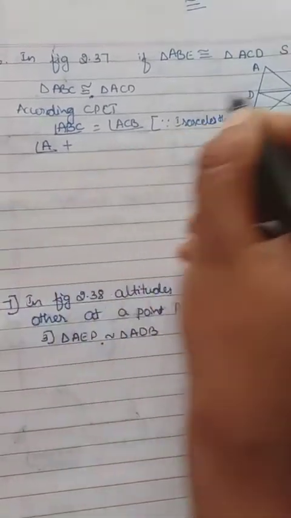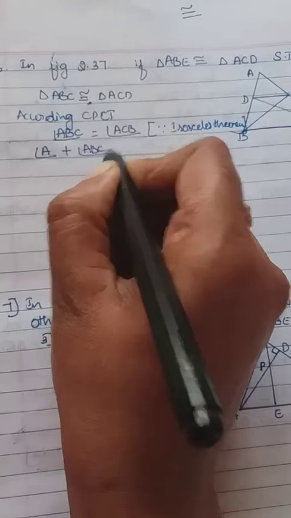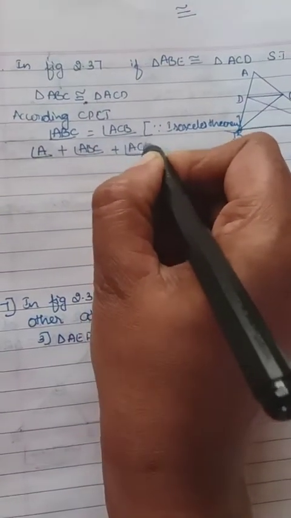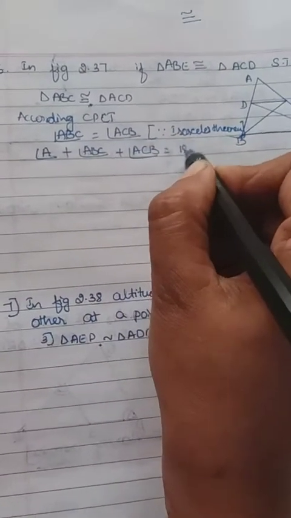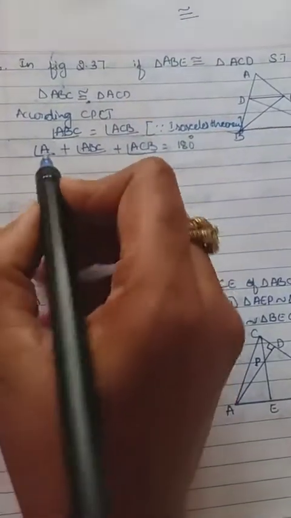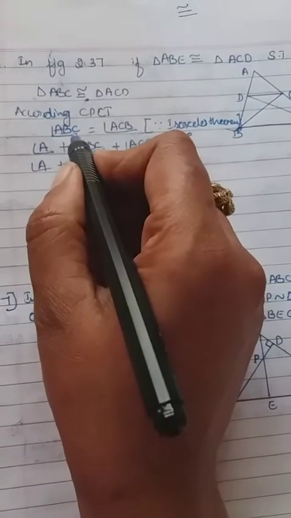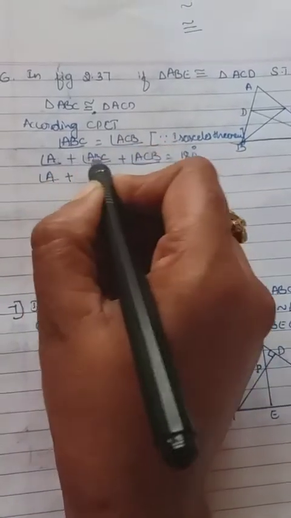So angle A plus angle ABC plus angle ACB equals 180 degrees. Instead of angle ACB, we can write angle ABC because both are equal.